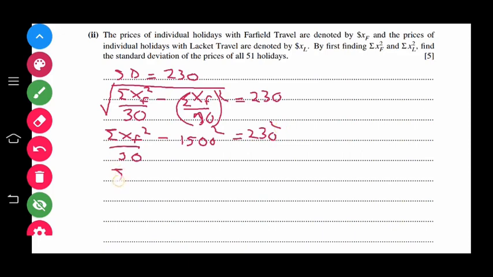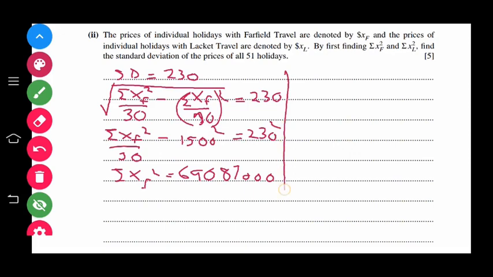From this, do the calculation and get the value of sigma xF squared. How do you get it? Take minus 1,500 squared to the right side and cross multiply 30. We get sigma xF squared as 690,870,000 as the answer.